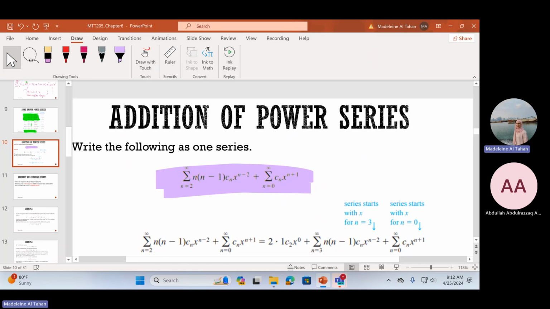Let's just try this one in purple. These two power series that we want to add, they are centered at what, miss? This here.